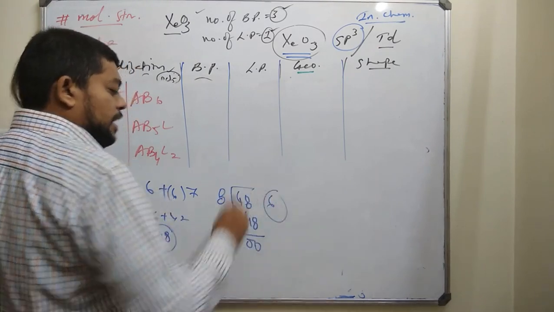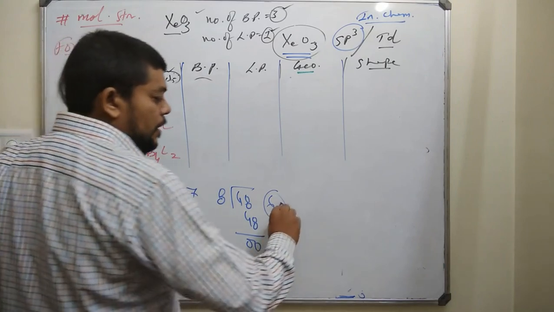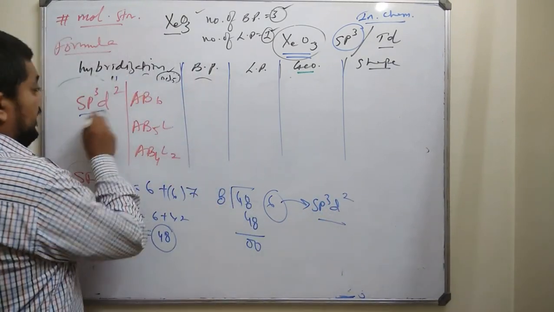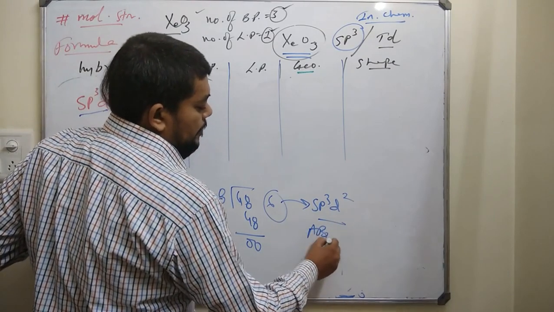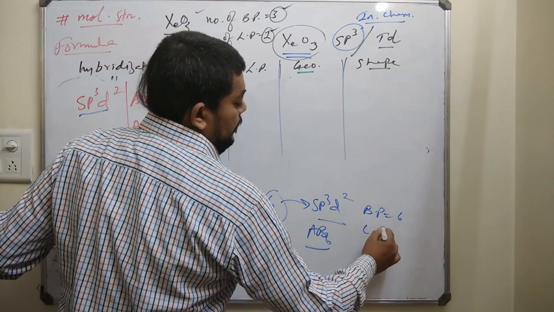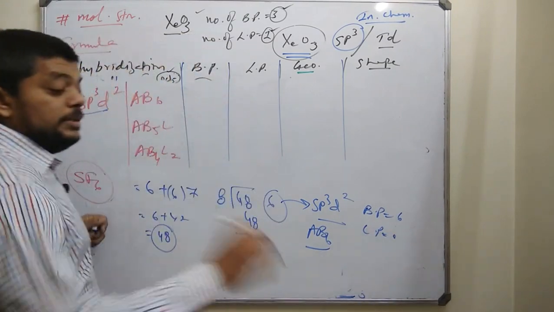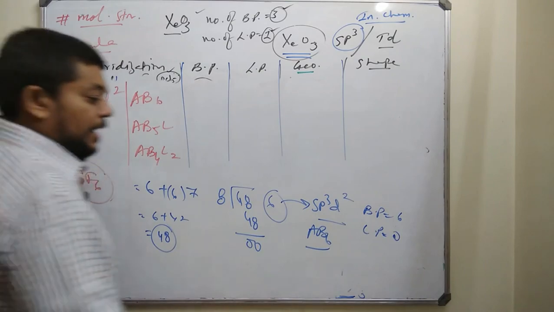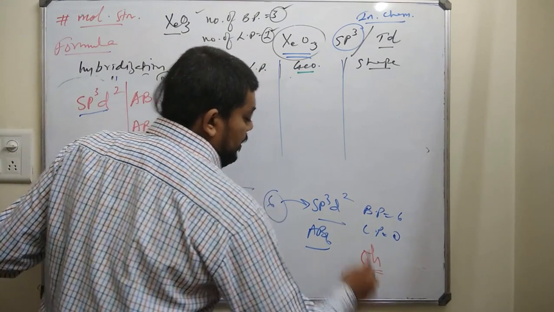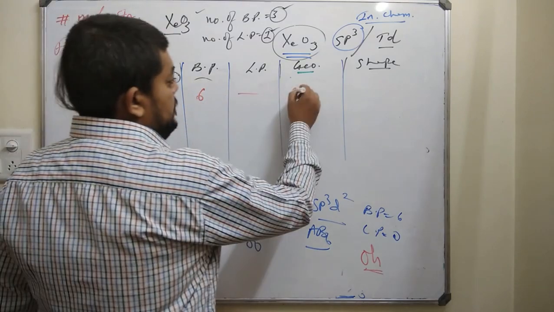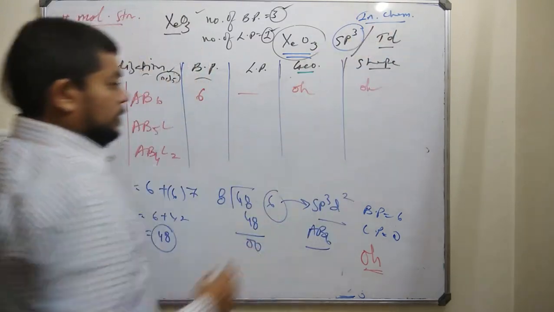Sir, in a single step you are getting the answer, 0 left. All 6. So it will be sp3d2 hybridization. An AB6 molecule, bond pairs are 6, lone pairs are 0, which helps us write that the shape is always equal to the geometry, and hence the shape will be octahedral. So over here 6, 0, octahedral.